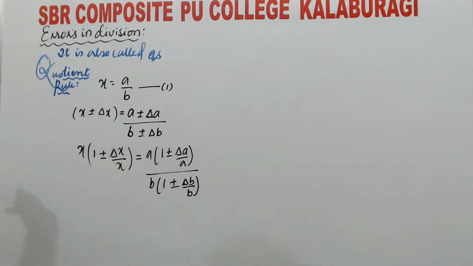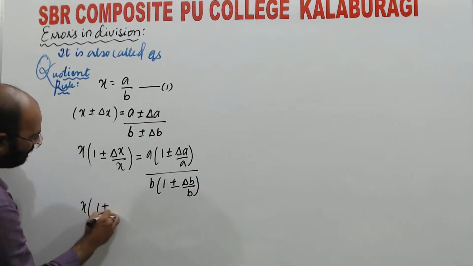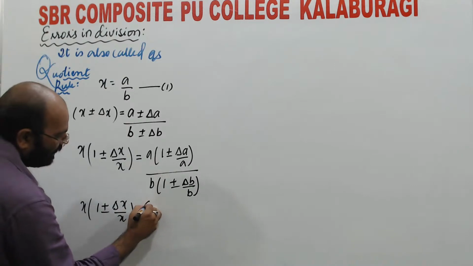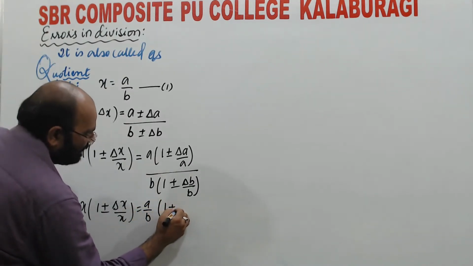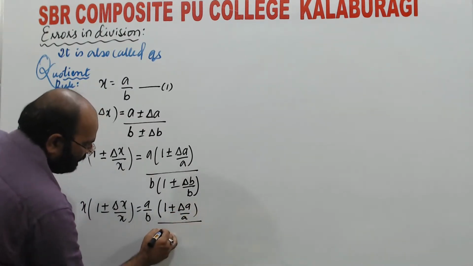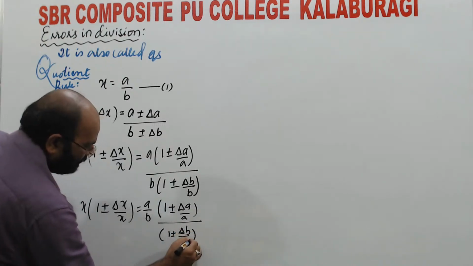Then simplify: x into bracket 1 plus or minus delta x by x equals a by b into bracket 1 plus or minus delta a by a, whole divided by 1 plus or minus delta b by b.